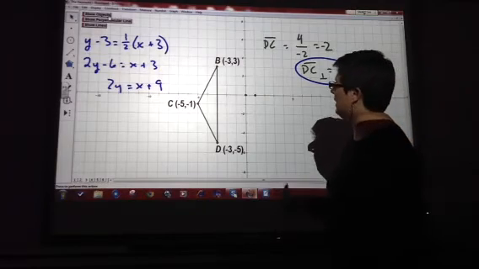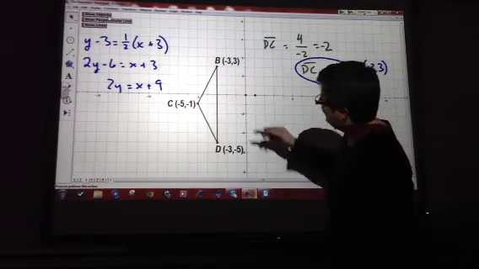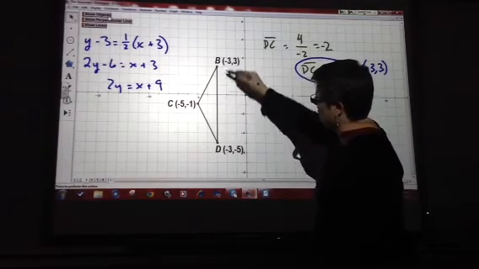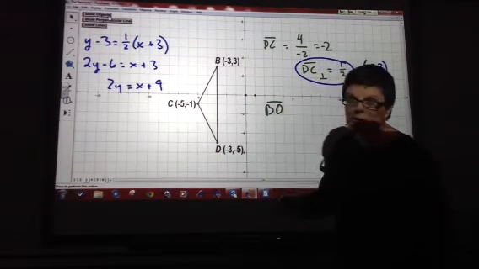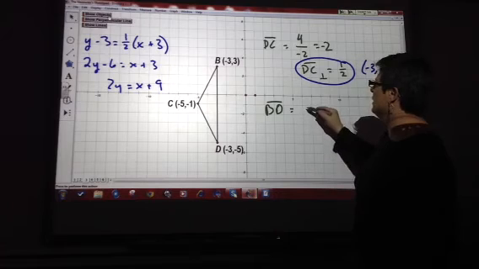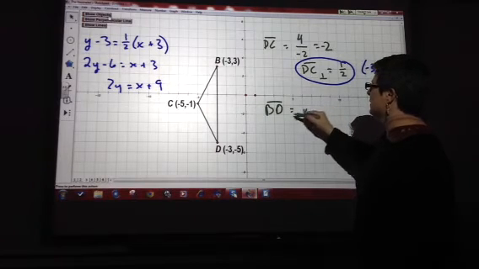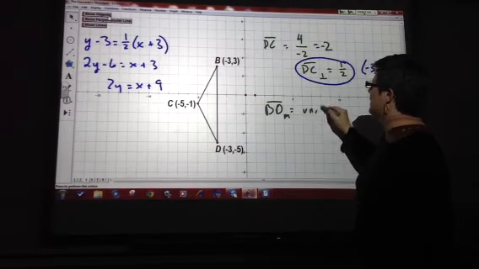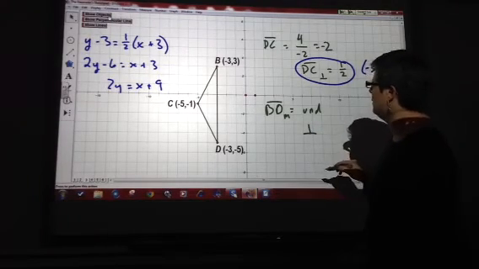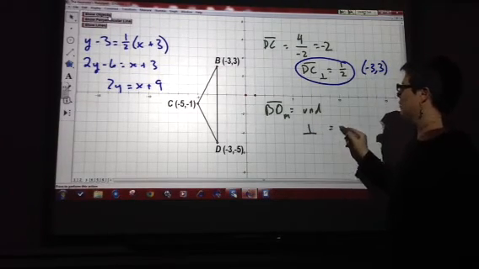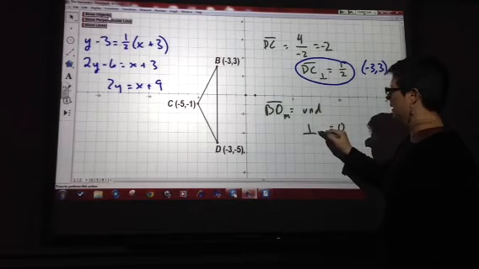The next one, I can pick any. I think most of us would pick this segment BD. Segment BD is a vertical line, so its slope is undefined. Therefore, the perpendicular's slope would be equal to 0.